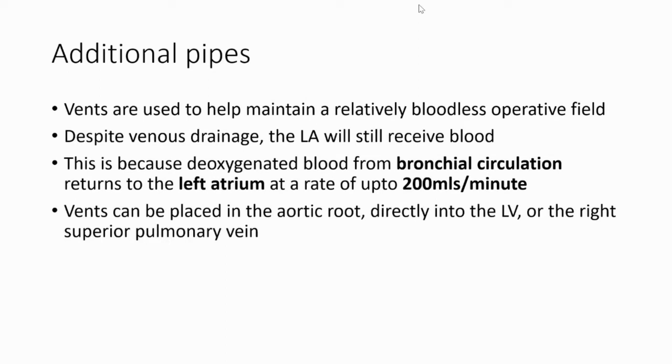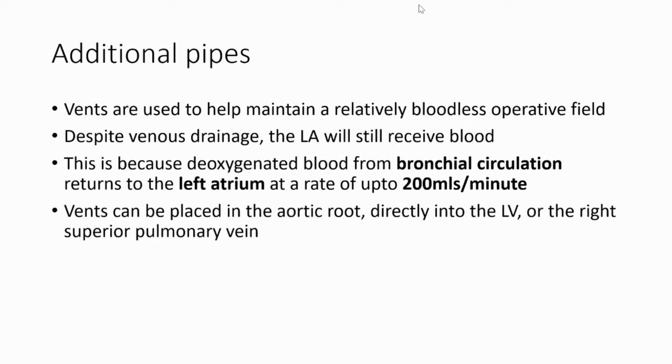So firstly, you can make a hole in the left ventricle and stick a sucker through it. It's not really conventional because, the less holes we make in the heart, the better, but it is an option.